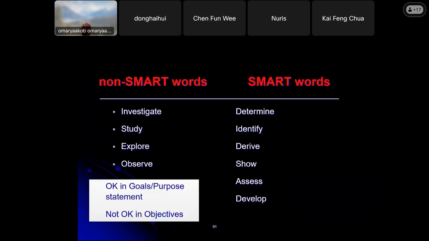But if you use determine, identify, derive, show, assess, develop, establish, correlate, and so on, then these are specific. There must be a certain year that you end your determining and you give the result: what is it that you have determined? What is it that you have identified? So it must come up with a certain value, a certain thing, which we will show in an example later. So these are the smart words.